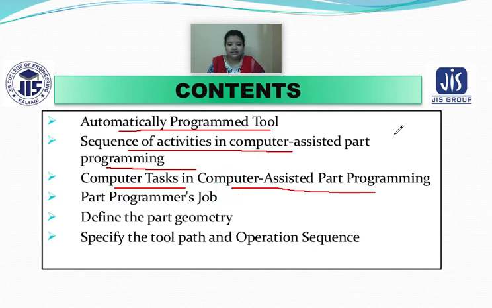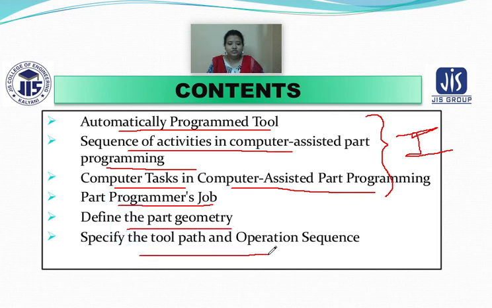This part on APT consists of two lectures. These three points we cover in part 1, and in part 2 we cover the part programmer's job, defining the part geometry, and specifying the tool path and operation sequence.